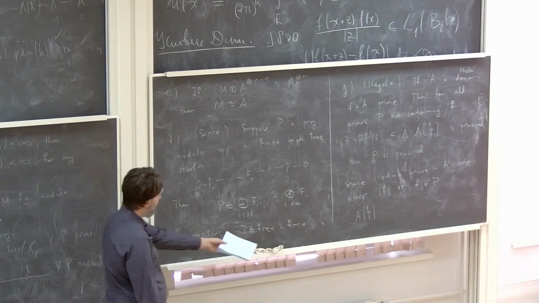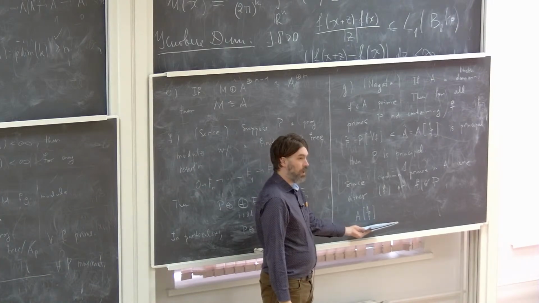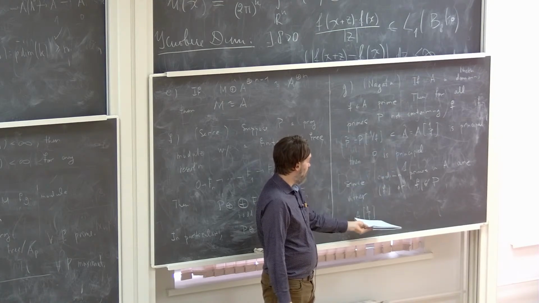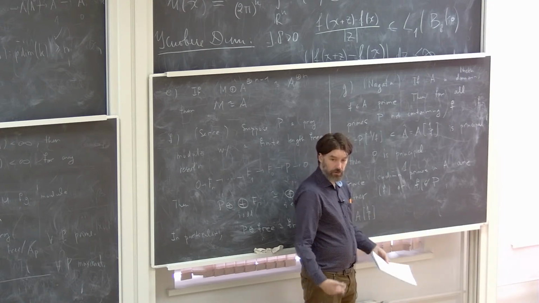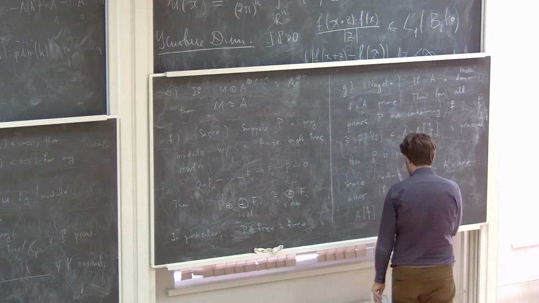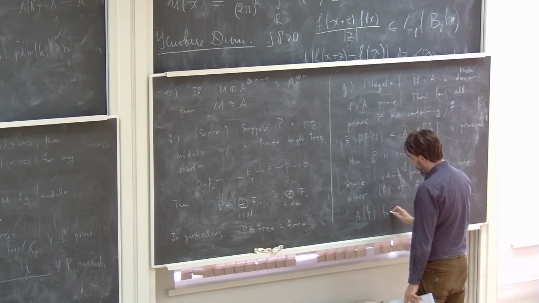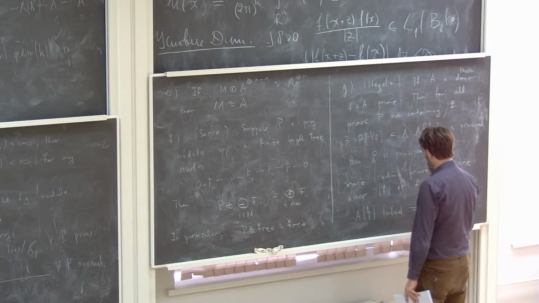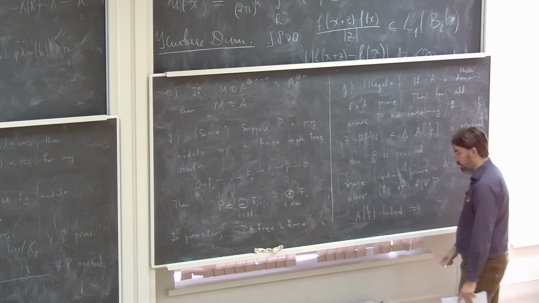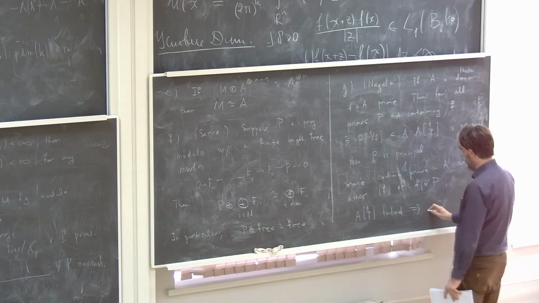So all its codimension 1 primes are principal. Therefore, by this lemma, they were actually already principal in A. Therefore, A is factorial. So if the localization is factorial, then A itself is factorial.